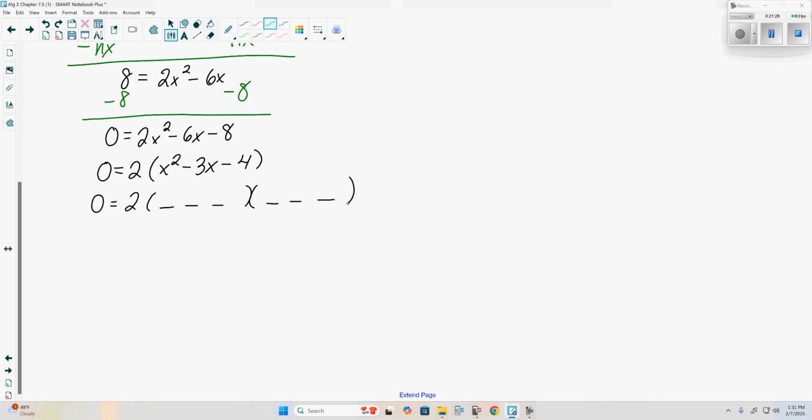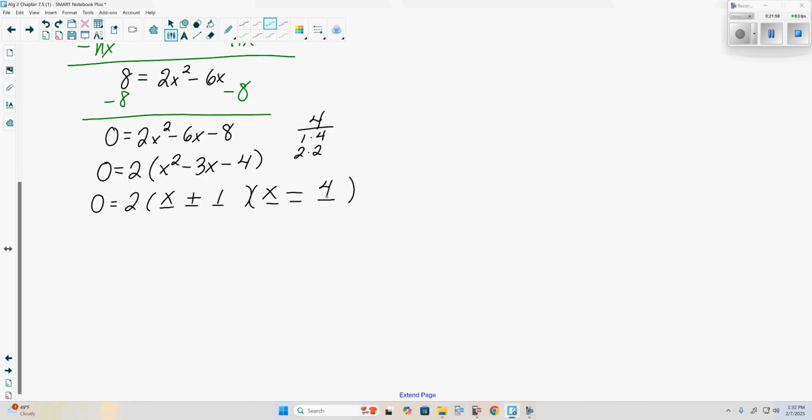Since the third term is negative, the signs are opposite. One is going to be positive, one is going to be negative. Factors of x squared, x and x. Now our factors of 4 are 1 and 4 or 2 and 2. 1 and 4. Where do you want to put the 1? Where do you want to put the 4? And these would indeed be the correct factors.